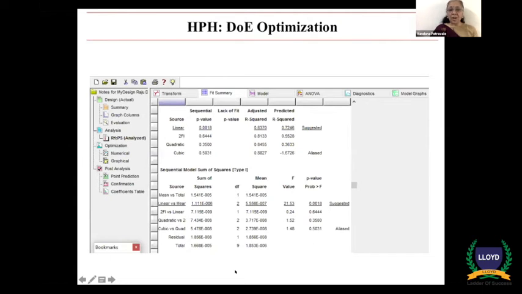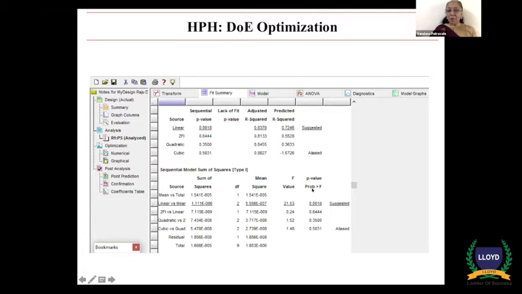Now we need to understand this chart. And in fact, again, software helps you. It analyzes the data and tells you whether the model which you are using is correct or incorrect. So you can see here that we have got an F value of 21.53, which is a very high value.